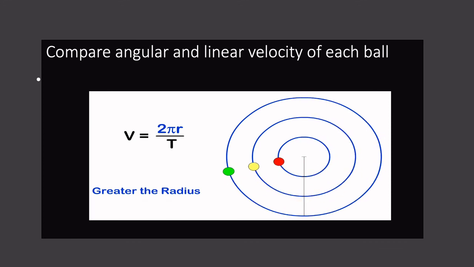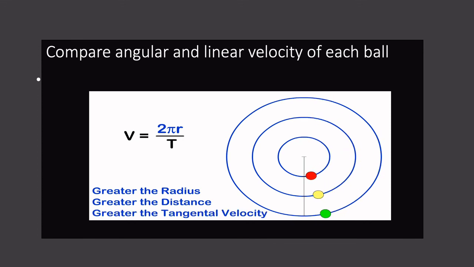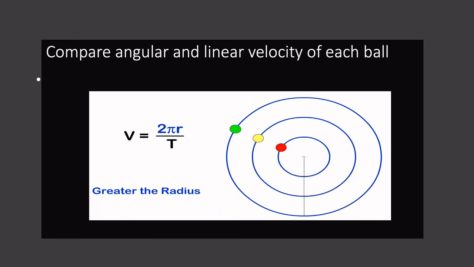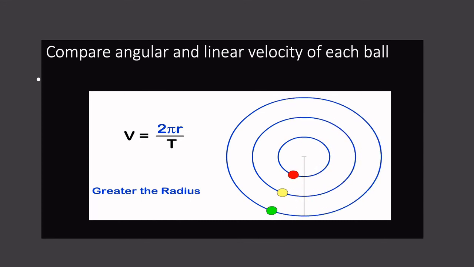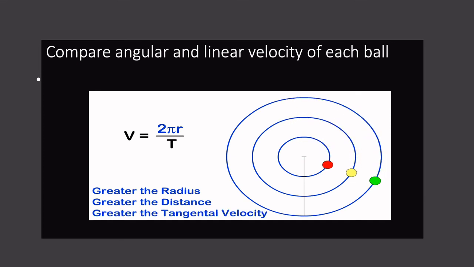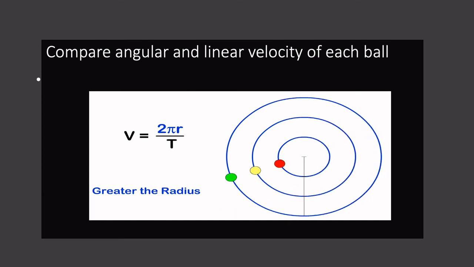The equation for angular velocity is 2 pi over T. Since the time periods are same, the angular velocity will be same. What about linear velocity? Linear velocity will be greater for green colored ball because the radius is greater for that one.